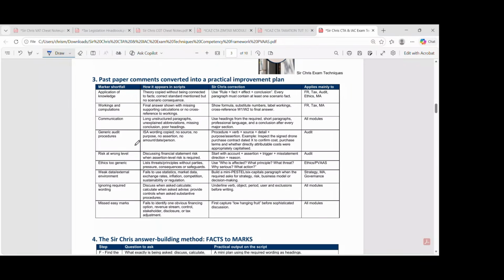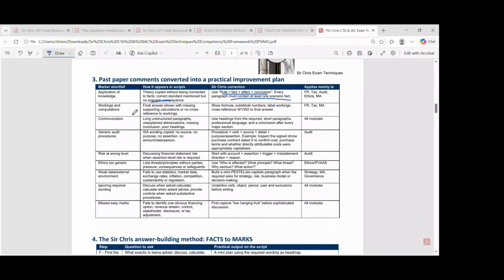So the marker shortfall: application of knowledge, theory copied without being connected to facts. Correct standard mentioned, but no scenario consequence. Can you see application of knowledge, team? How it appears. So please use a rule plus fact plus effect plus conclusion. Every paragraph must contain at least one scenario fact as you are answering.